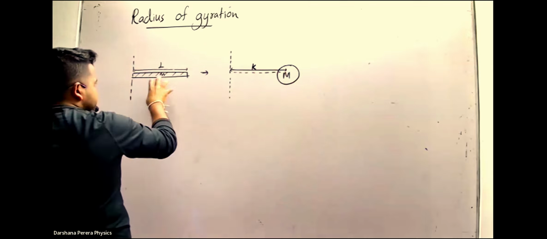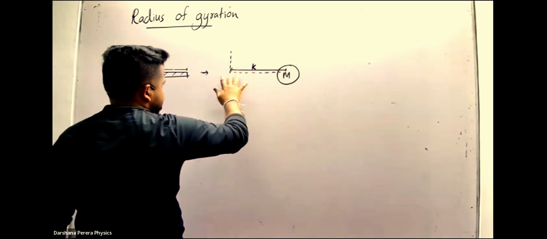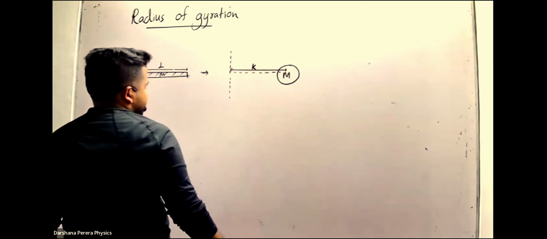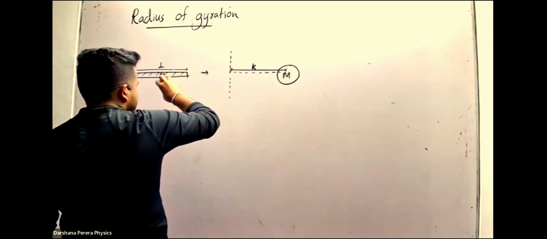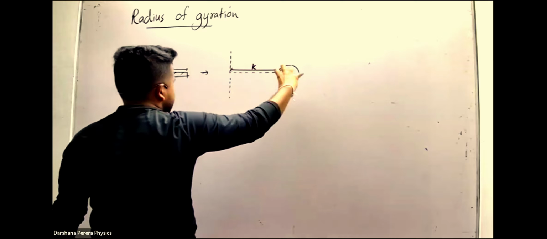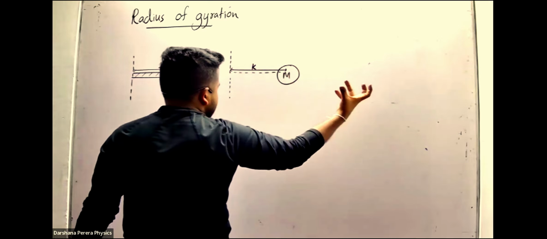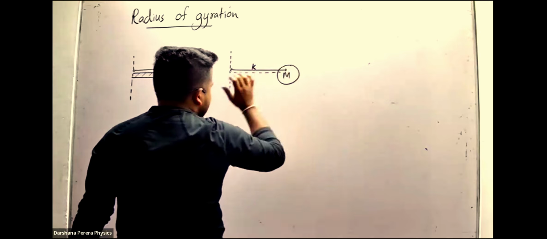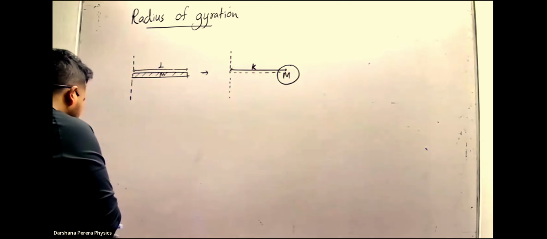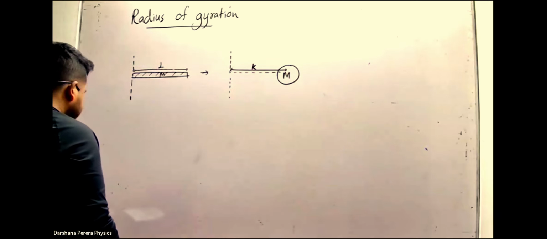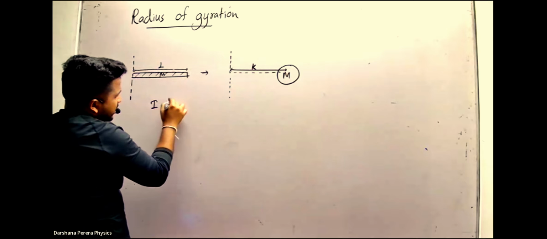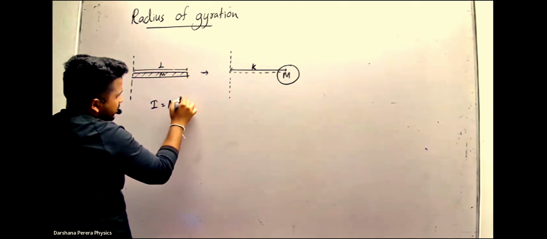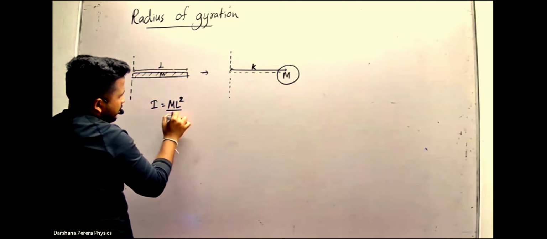Right? We are taking the mass at distance k. K is the radius of gyration. We can simply say we can accumulate or concentrate this m into one single mass at a distance of k. We know I equals ml square over 3.